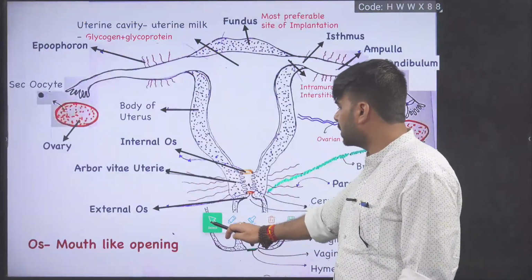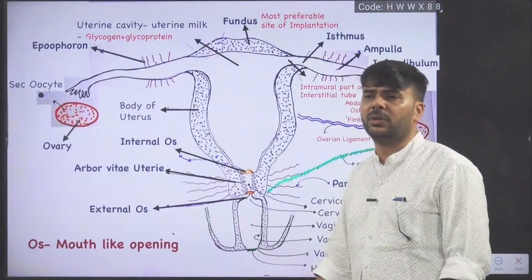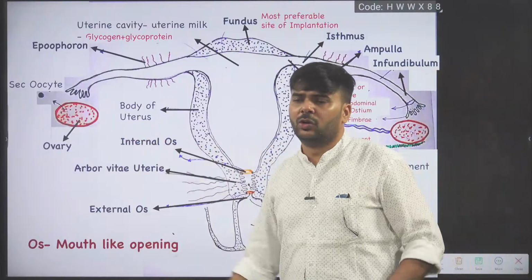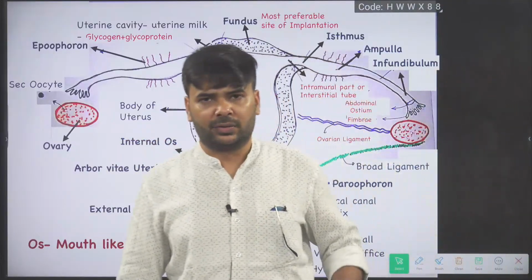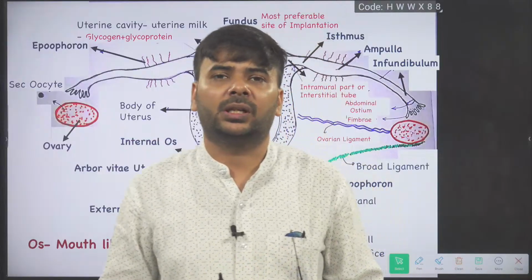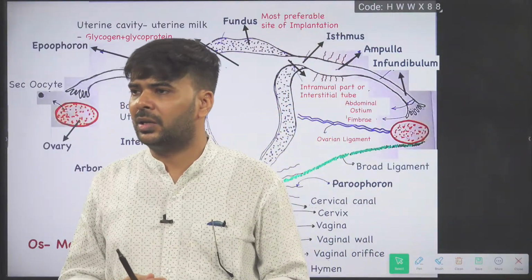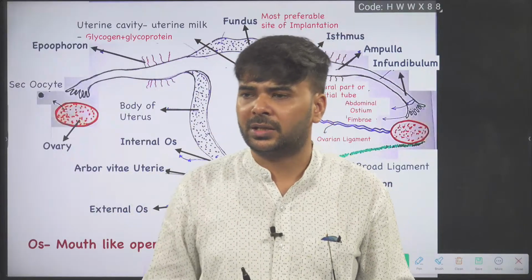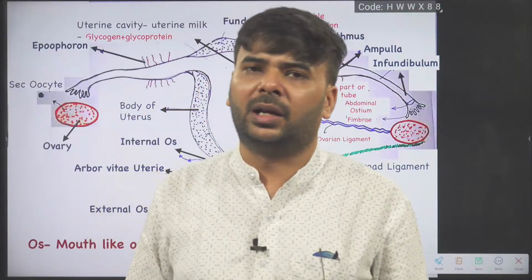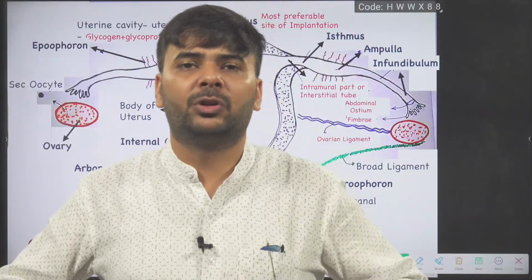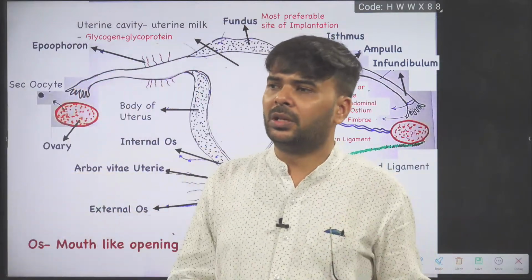The next topic is the female anatomy. Female reproductive system anatomy will start from ovary. Ovaries are situated in abdominal cavity. Testes are situated in extra abdominal cavity. Testes in male are situated in extra abdominal cavity, and in case of female, ovaries are situated in abdominal cavity.